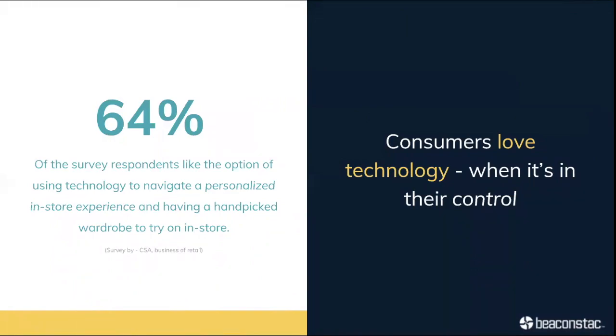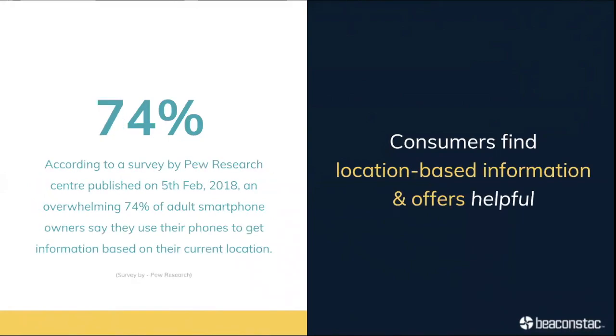And of course, with an app, the other advantage that consumers have is that they can decide when they're done with your app, or when they don't want to be bothered with notifications from, say, a certain store. They have the ability to mute notifications and do things like that. So it puts them in control. And I think the last data point here, by Pew Research, is that consumers are already looking for location-based information and offers.